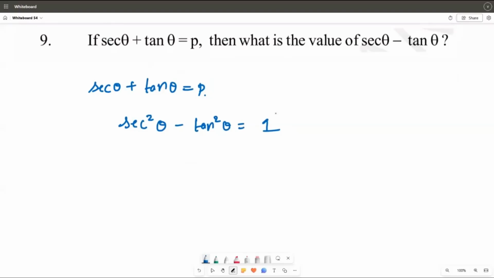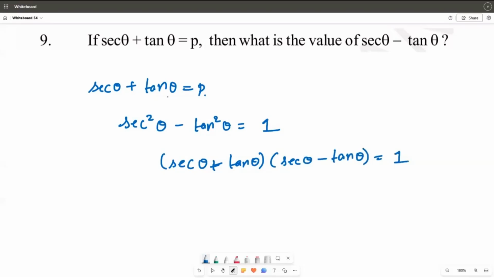Similarly, if we are given a squared minus b squared, I can write it as a plus b into a minus b. So secant squared theta minus tan squared theta can be written as secant theta plus tan theta into secant theta minus tan theta, which is equal to 1.